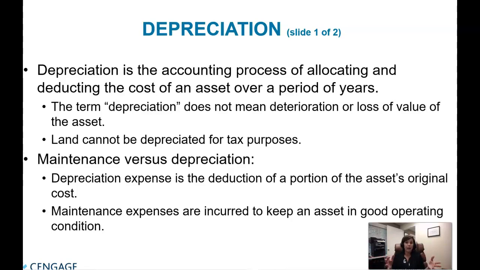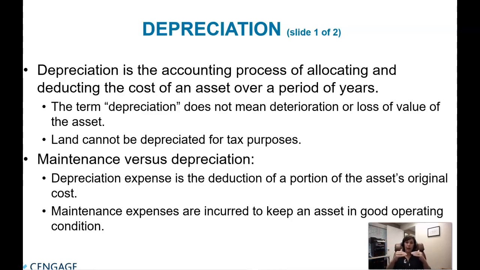That violates to some degree the matching principle. This machine is going to last us probably years and years, and if we take all of the expense now, we're really not matching the expense with the periods that we will be using that machine to generate income. And that's what the matching principle says: you want to match the period of income with the expenses incurred to generate that income.